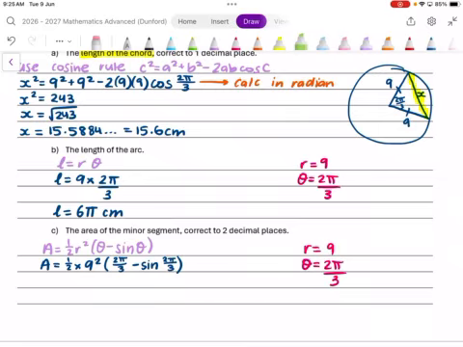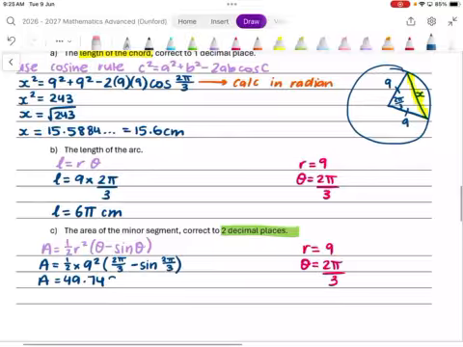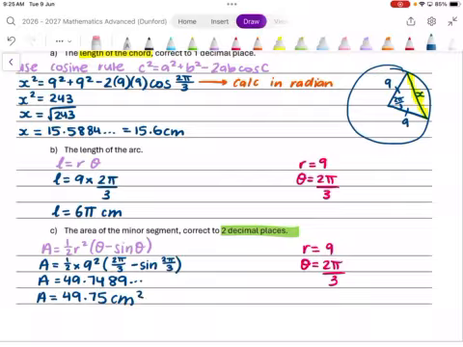This question asks for correct to 2 decimal places. So because it's correct to 2 decimal places and it's not exact, we can just put it straight into our calculator to get our area is 49.74989... So our area will equal 49.75 centimetres squared.